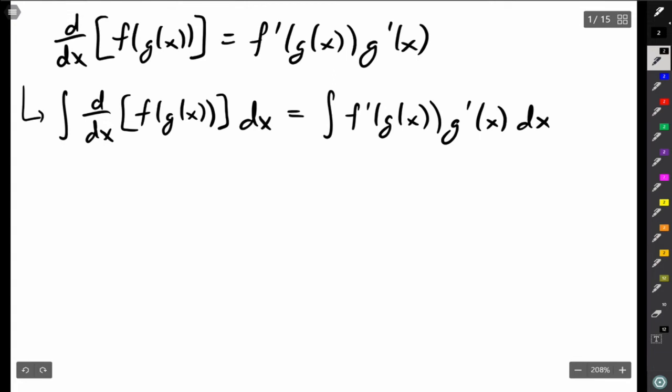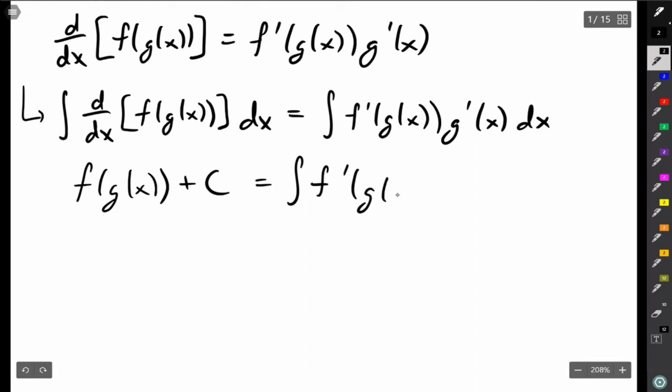Okay. Now let's look at this side here. Right? When we have the integral and the derivative, we're integrating the derivative, so those two are just going to cancel each other out. So this right-hand side is just f of g of x plus c. Right?